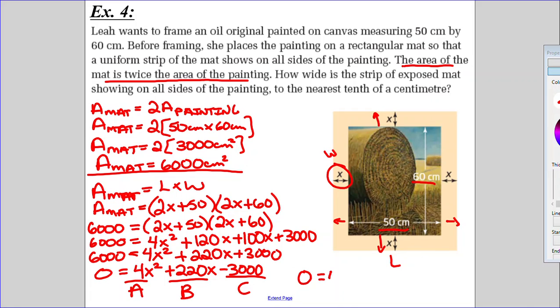If I factor out a 4, I'm left with x squared plus 55x minus 750. That's a lot better to handle than my larger numbers. So a is equal to 1, b is equal to 55, and c is equal to negative 750. I could certainly use the values on the left and it will work just the same, but smaller values tend to be nicer to manage.